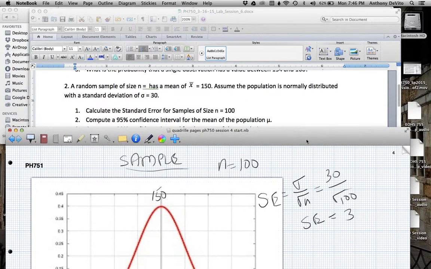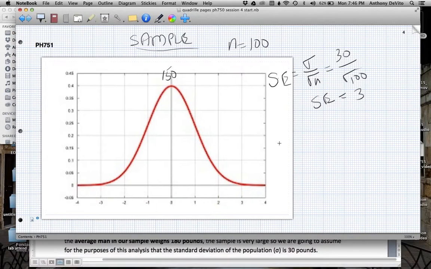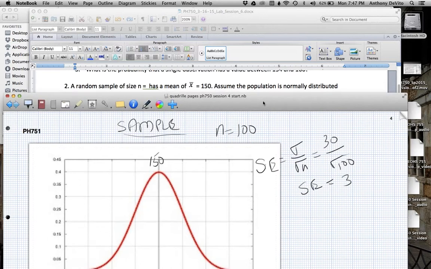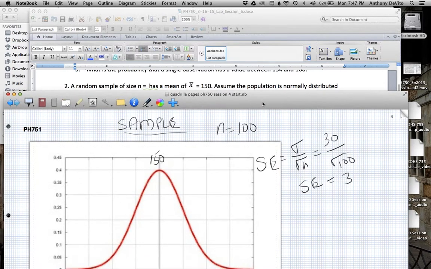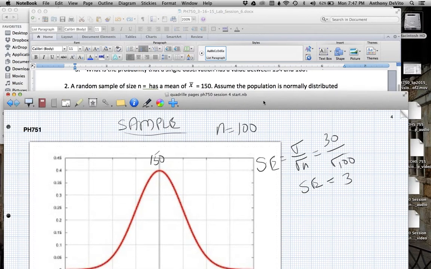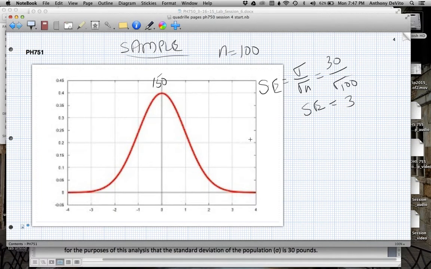Compute a 95% confidence interval for the mean of the population. Well, did I say what the result of the sample was? We don't know what the population mean is, right? I jumped the gun on that. We know that the sample has a mean of 150.